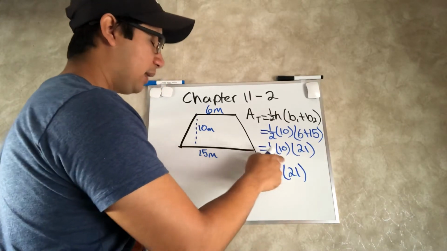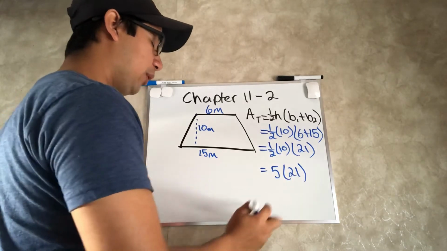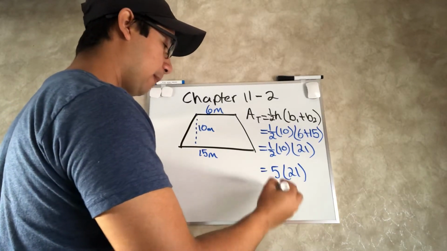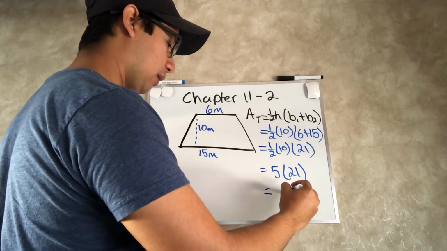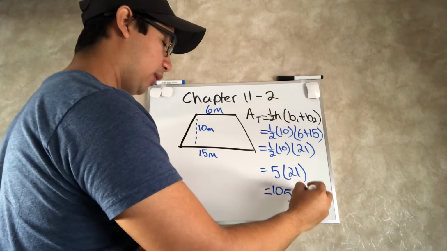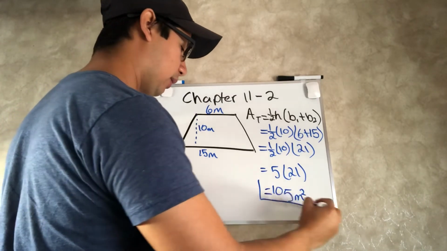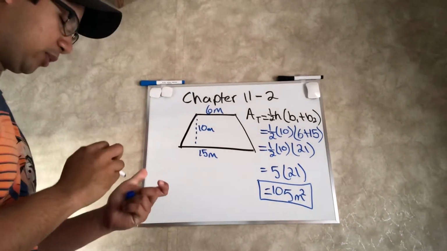Then 5 times 21, that's going to be 105 meters squared. And that is going to be the area of this trapezoid.